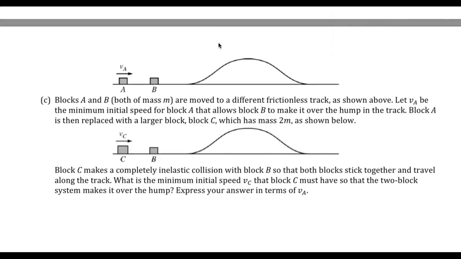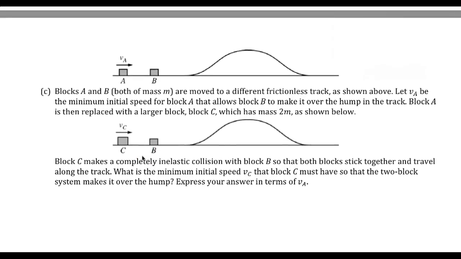We've got two blocks. They're moved to a different frictionless track, the same two blocks. Let VA be the minimum initial speed for block A that allows block B to make it over the hump in the track. Block A is then replaced with a larger block C, which has a mass 2m, so double the mass.